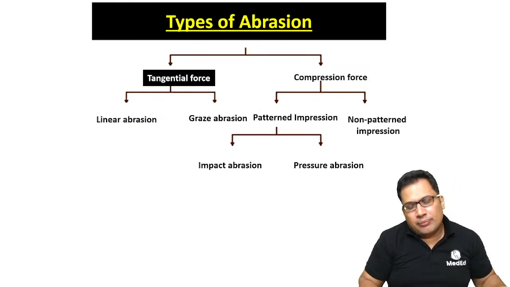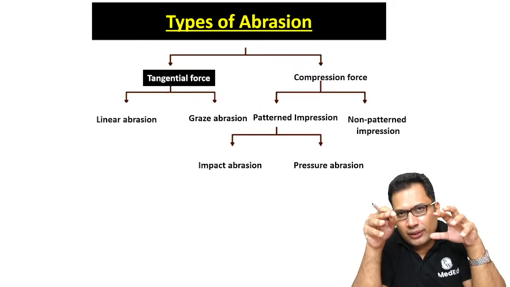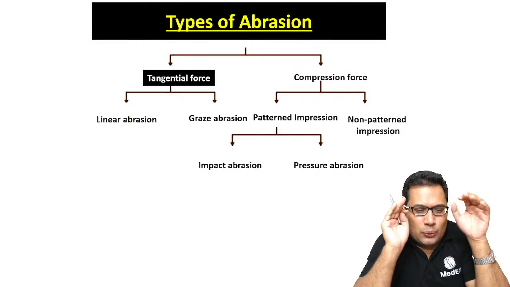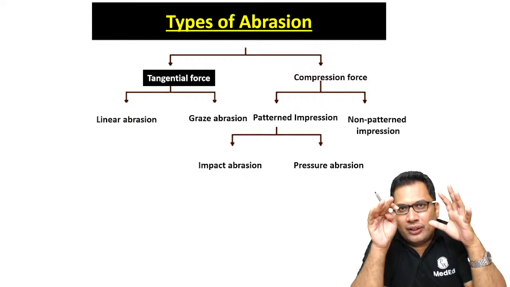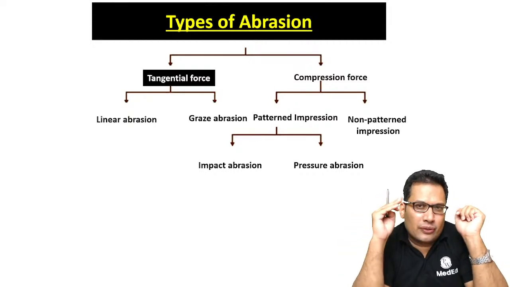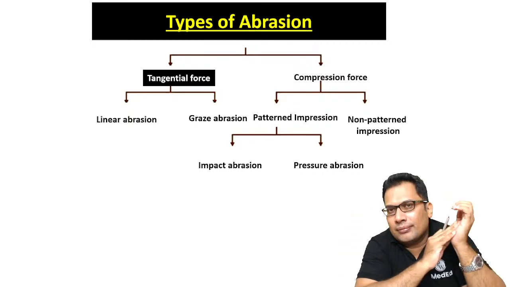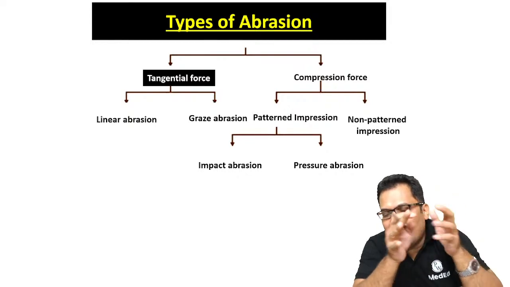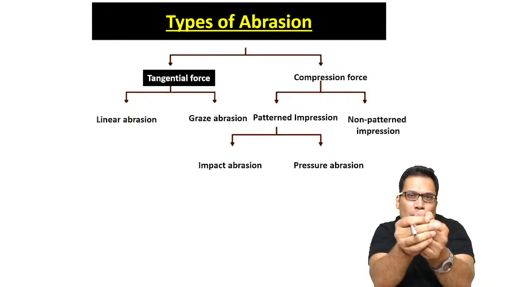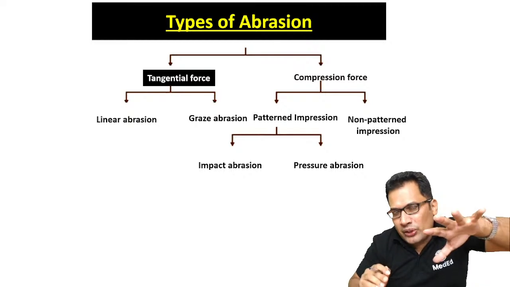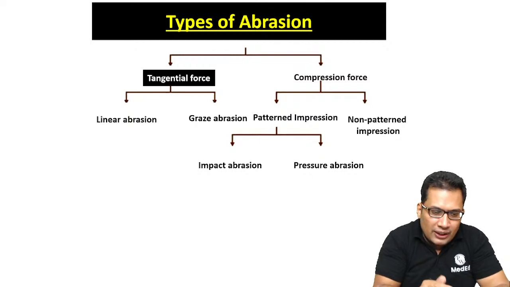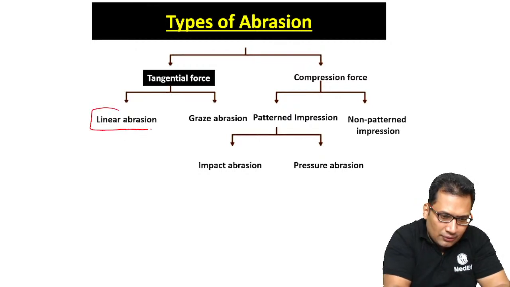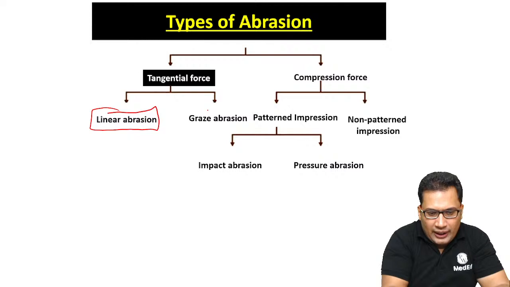What are the types? In standard textbooks, abrasion is classified into 4 types, depending upon the force. If it is a tangential force, when force is applied at an angle, we get linear abrasion and graze abrasion.